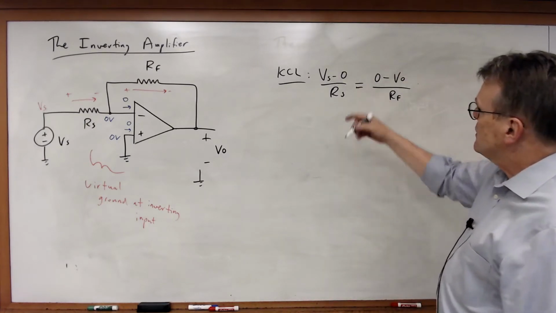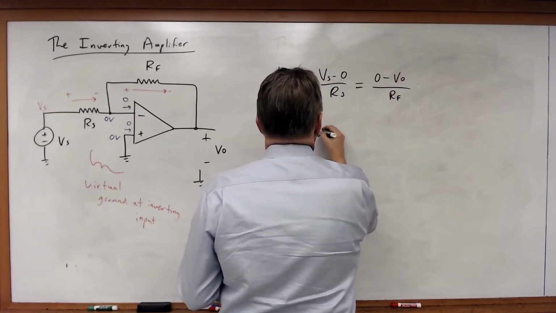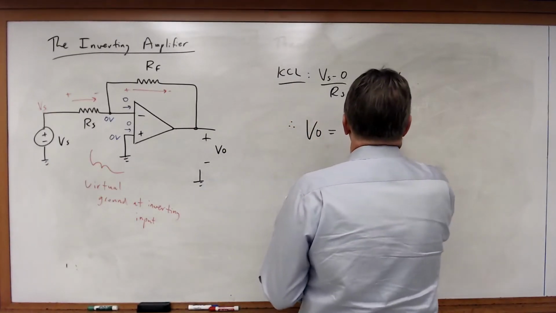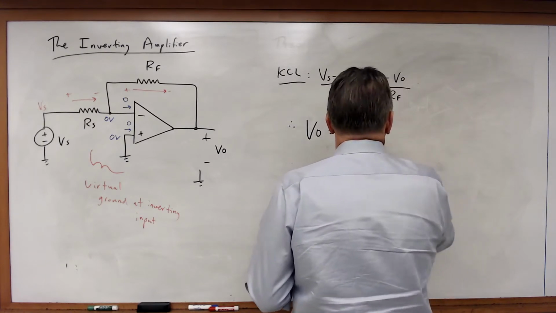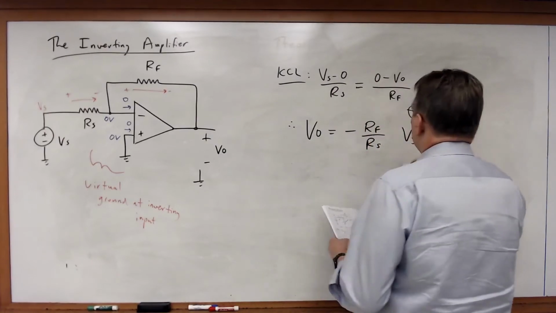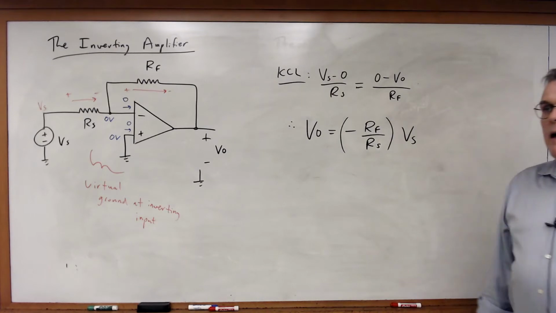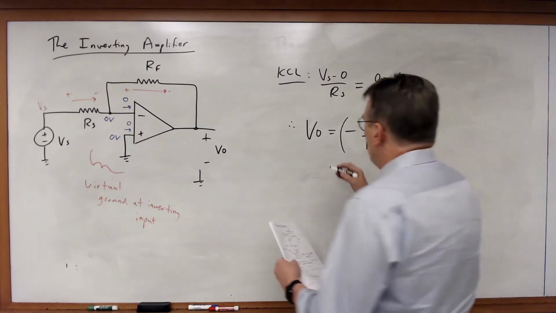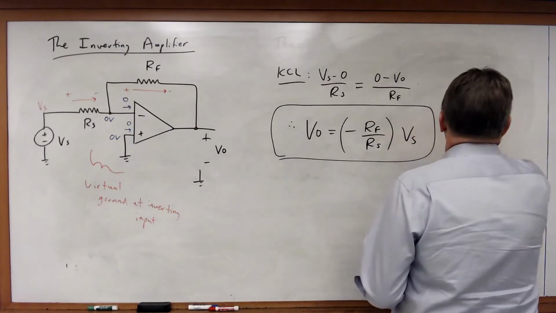And now I can rearrange terms for this, and what we will get is that VO will be equal to minus RF over RS times Vs. This is the equation for our inverting amplifier.